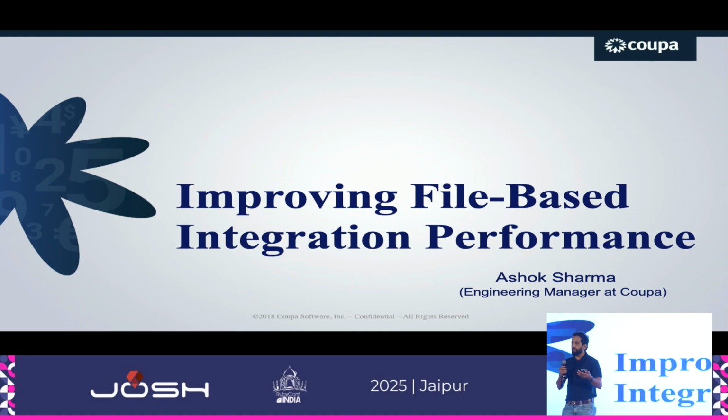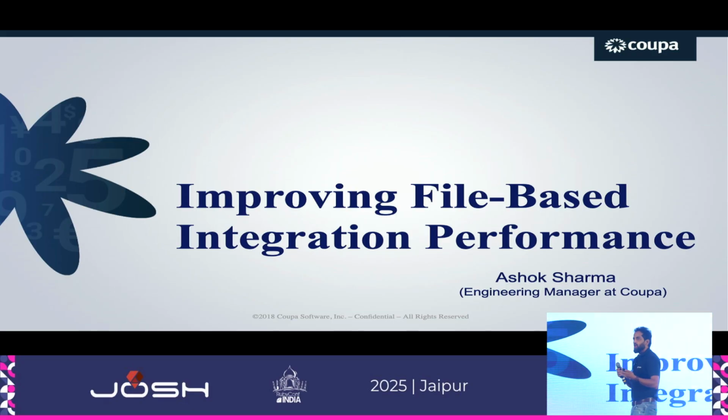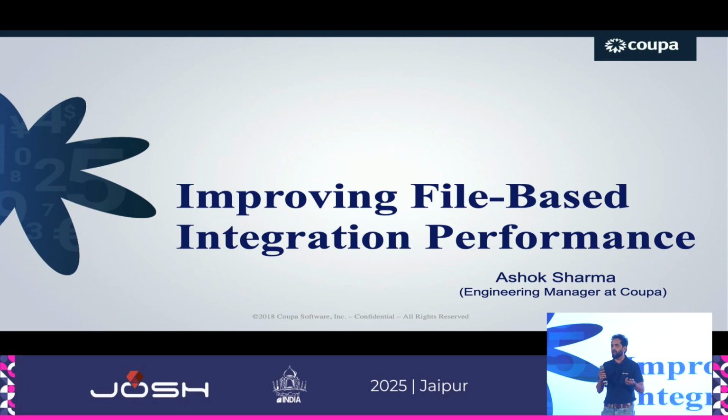Coupa has Navi, which one of my colleagues talked about yesterday. Navi gives our customers one agentic experience. We have so many agents used behind Navi, and customers can use those agents to make their use cases easy and get help.